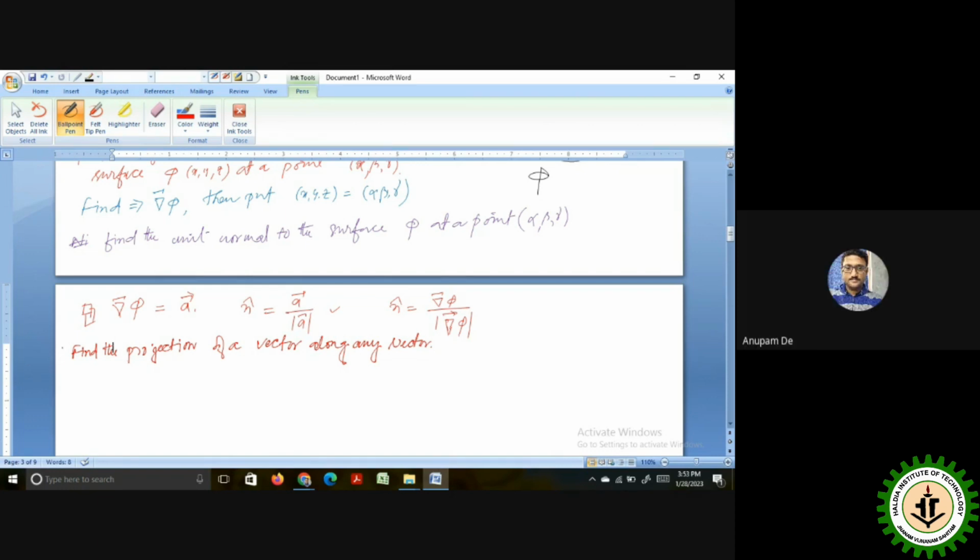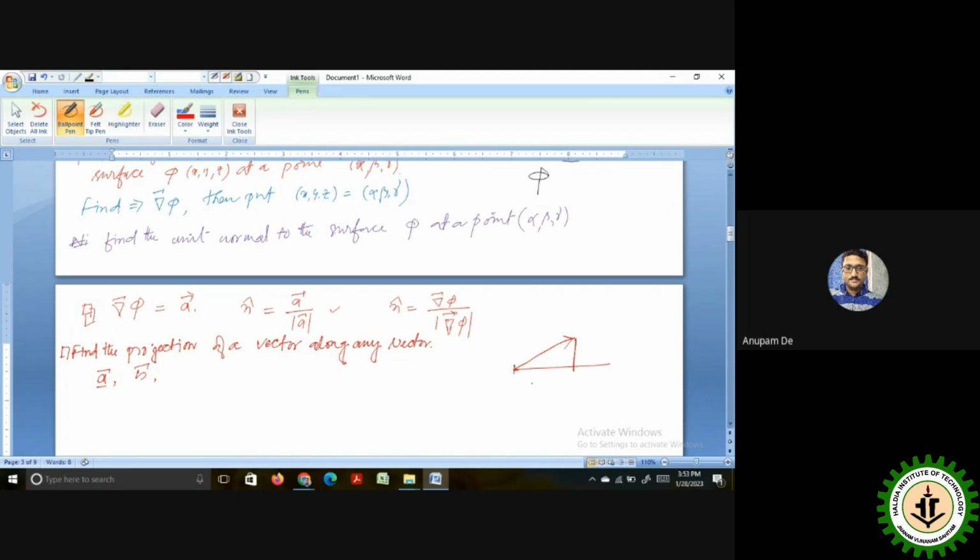Now how do you find it? Suppose you are having a vector A and you need to take the projection of the vector A along the vector B, then how do you find the projection? Sir, basically, A dot B by magnitude of B. Right, thank you. So what do you mean by projection?